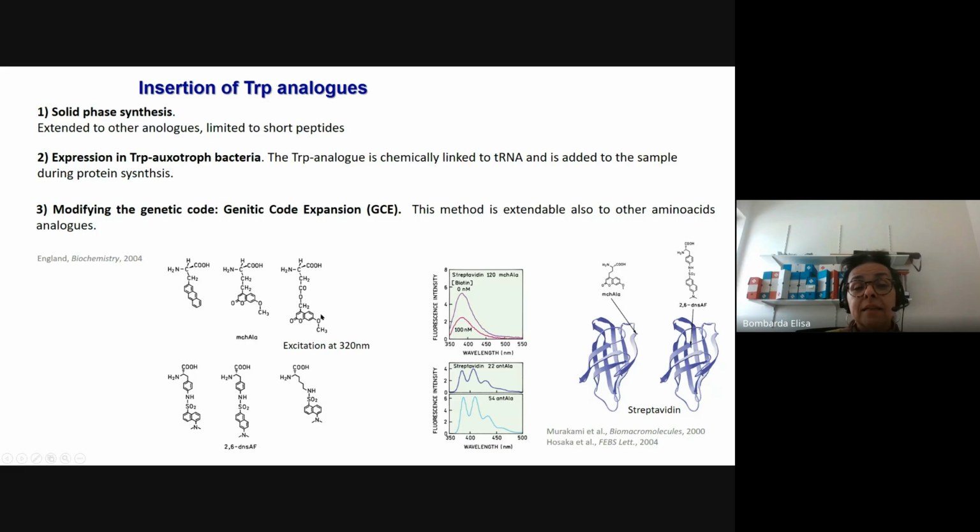Here is alanine, and as you may expect for this conjugated system, the side chain in this modification becomes fluorescent, as shown here.